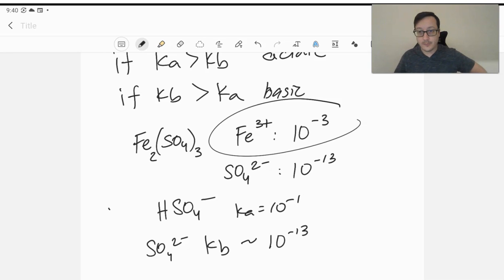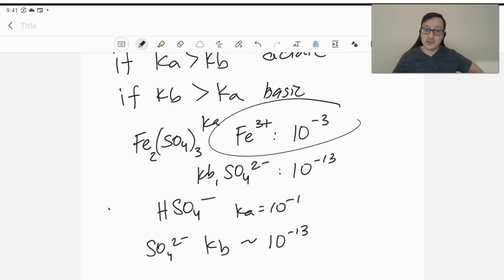When both of them are weak, you just have to compare. This is the Ka of iron 3. This is the Kb of sulfate. Kb1, actually, it's the first base reaction. But that's what we're looking at here. So in this case, the iron is clearly going to win out, so our solution will be acidic overall.